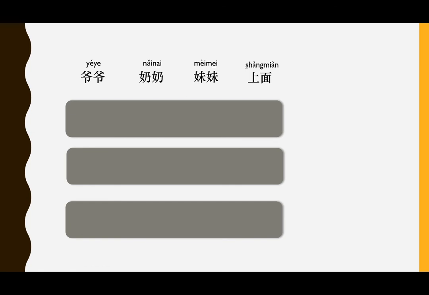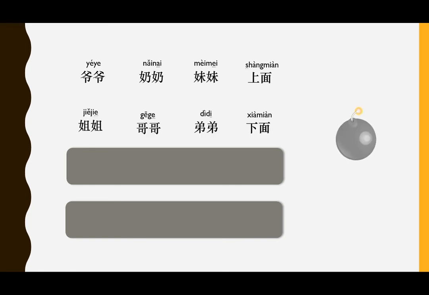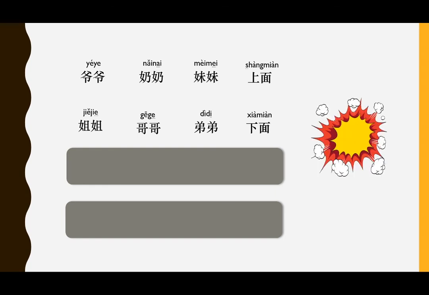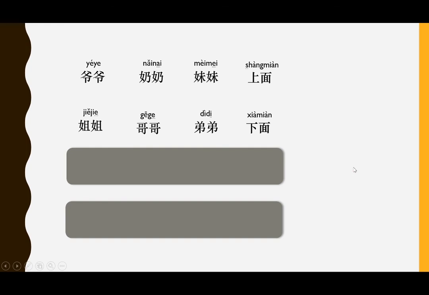Okay, the second one. Okay, now please read after me. 爷爷, 奶奶, 妹妹, 上面, 姐姐, 哥哥, 弟弟, 下面. Okay, now you just have 5 seconds. Go on.